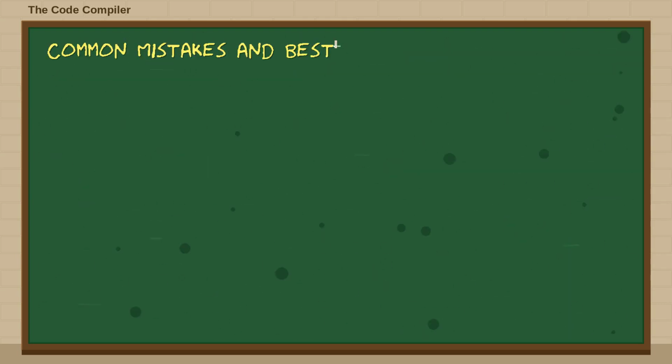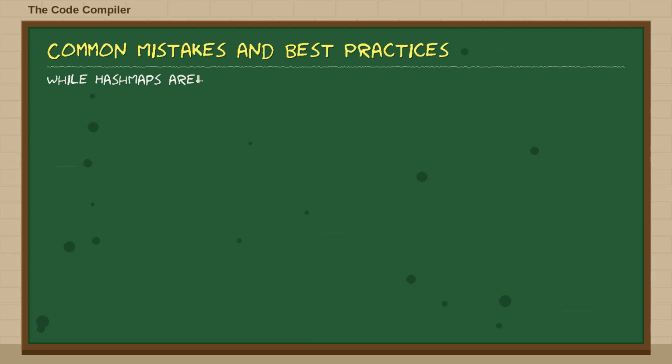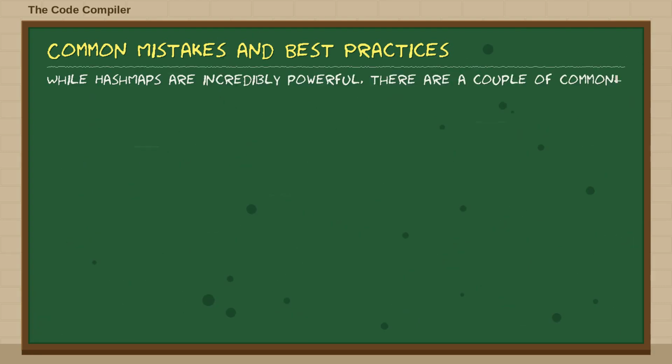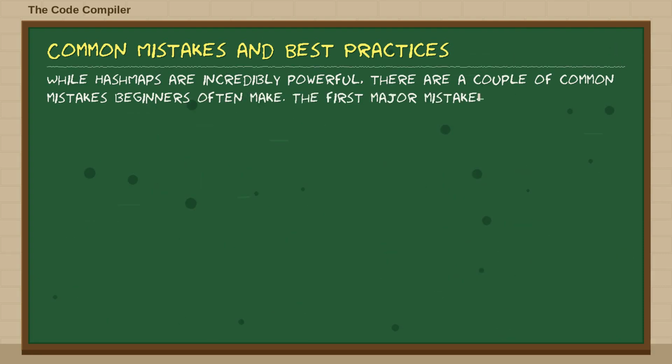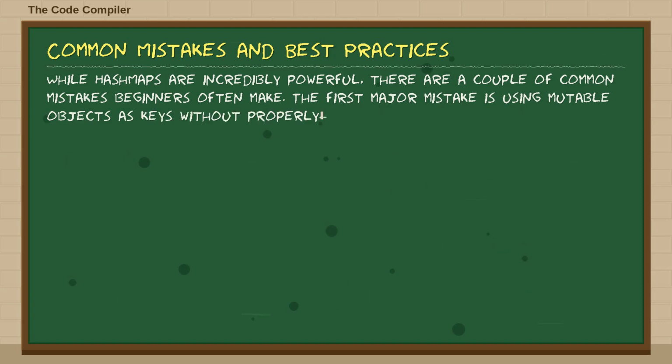While hash maps are incredibly powerful, there are a couple of common mistakes beginners often make. The first major mistake is using mutable objects as keys without properly overriding hashCode and equals methods.